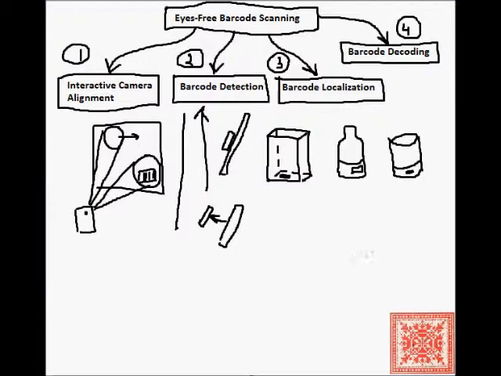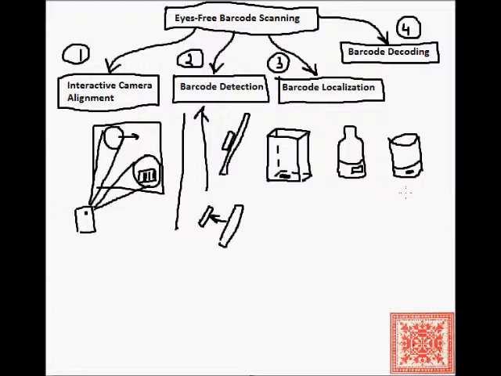If the barcode is not found, the user can switch to a different side in case of a box and repeat the entire procedure, or rotate the can or bottle. If the barcode is found, the system starts beeping to let the user know that the barcode is present in the image. Then the system starts the barcode decoding module, which tries to decode the barcode. If the barcode is decoded successfully, it is read out to the user.